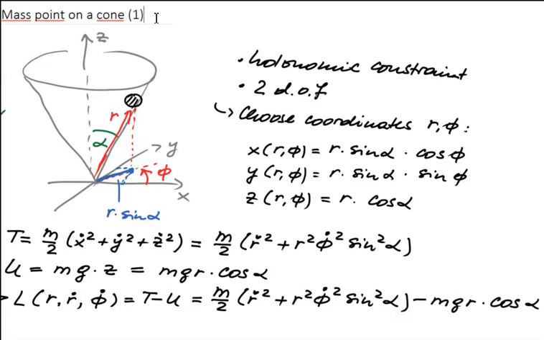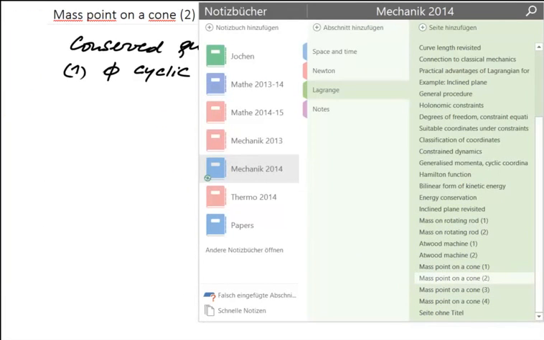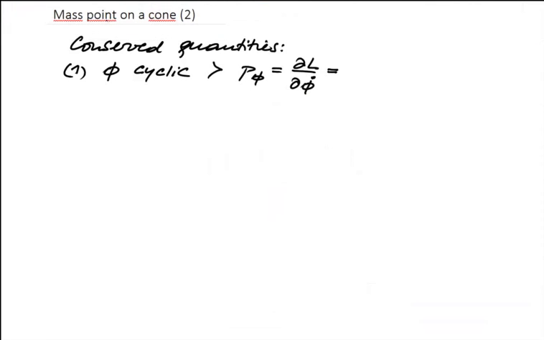When you take the partial derivative with respect to phi dot, you find the associated generalized momentum has the form mass times r squared phi dot times sine squared alpha. And this is conserved. You also see here that this generalized momentum, p phi, cannot be identified with the physical momentum.